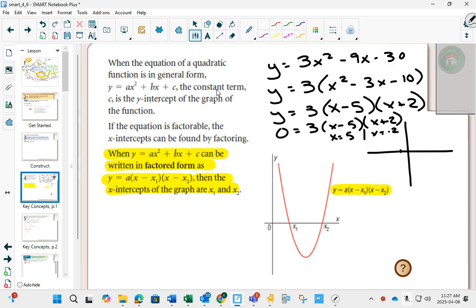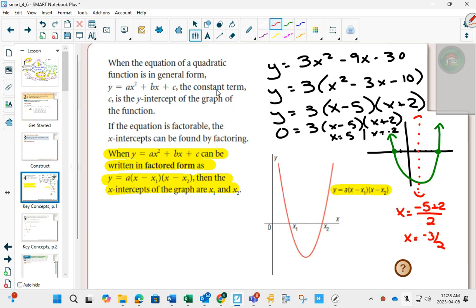So you would know your 2 x-intercepts. And because you know your 2 x-intercepts, and you know that it opens up, it looks like this, you would also know the axis of symmetry has to be right between -2 and 5. So we could find this by taking -5 and adding 2 and taking the average.